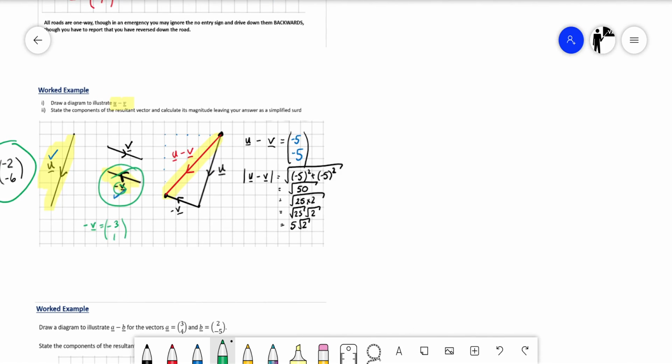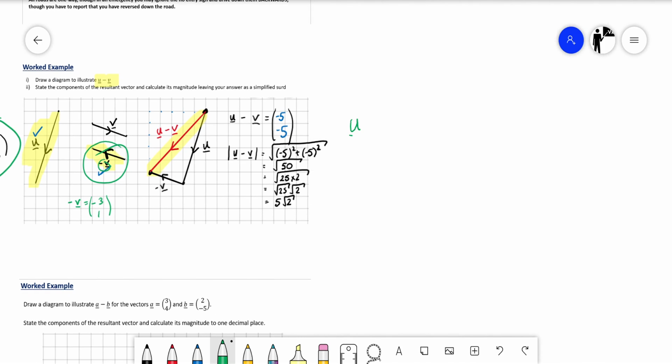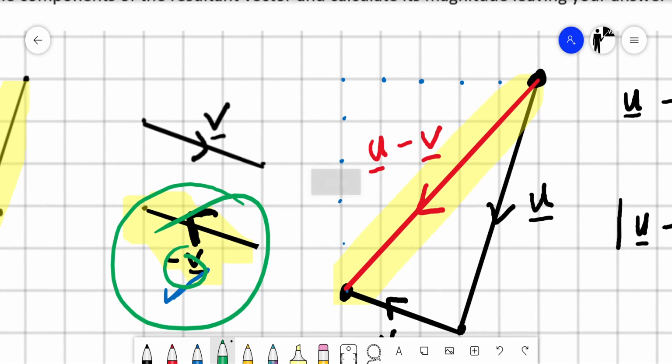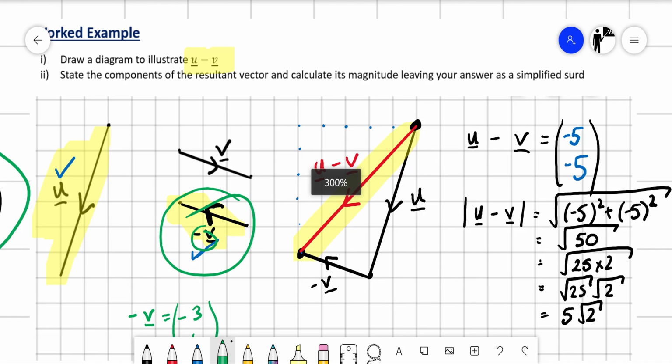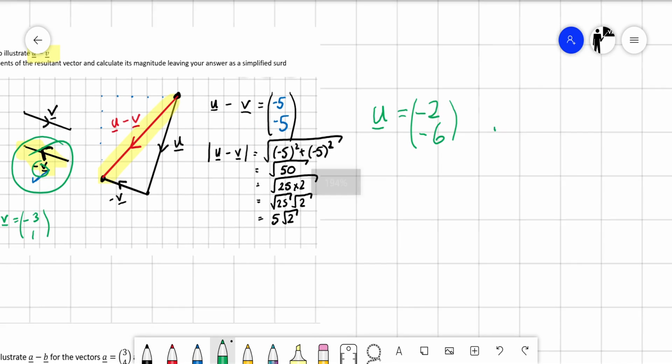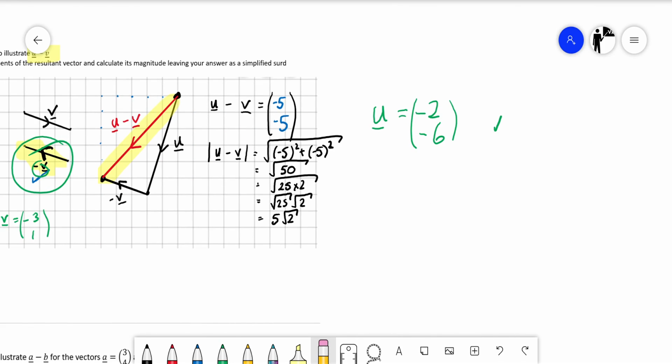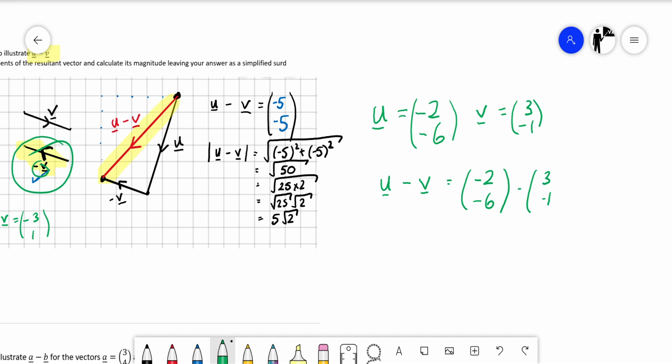If we have a look at this vector v here, that vector v was 3, minus 1. So if I wanted to figure out u minus v, well, I could take my vector u and subtract the components of vector v.